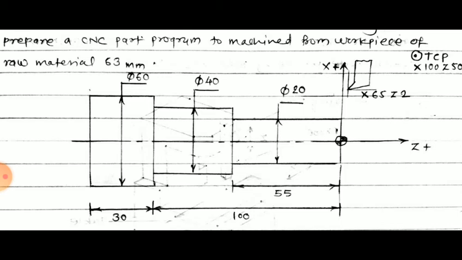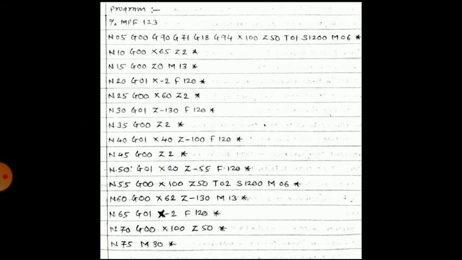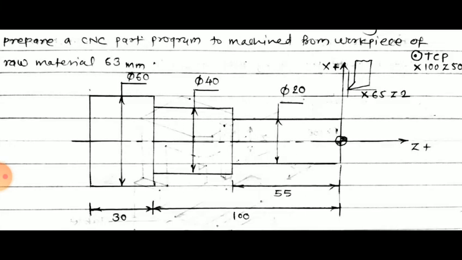Then the next block, that is N15 G00 Z0 M13, means the tool is moved to Z0. You have to move the tool to the left hand side for the facing operation. So the first operation in turning is the facing operation.